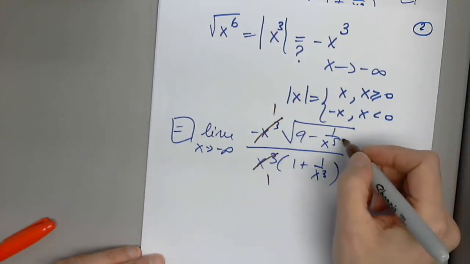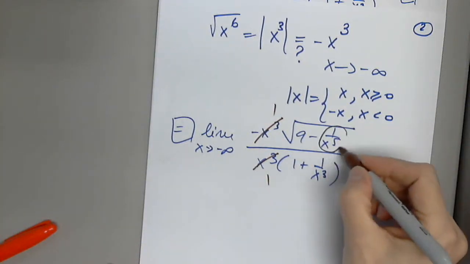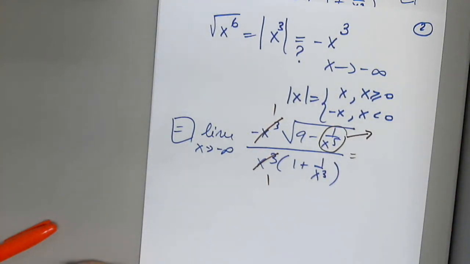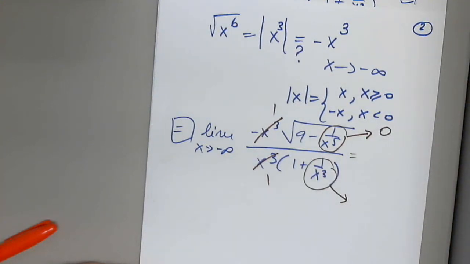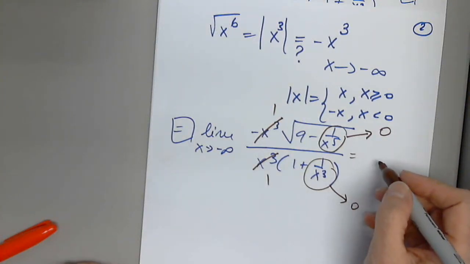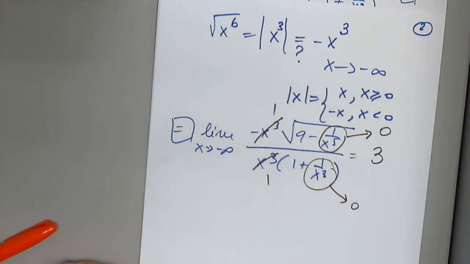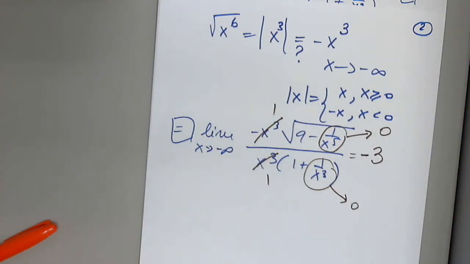And now at this point I drop the limit operator because I'm applying the limit to this. It's gone. So where does this go when x approaches negative infinity? Awesome. Where does this go when x approaches positive or negative? It doesn't matter. 0. So then the final answer is exactly, but it has a negative in front, so it's negative 3.